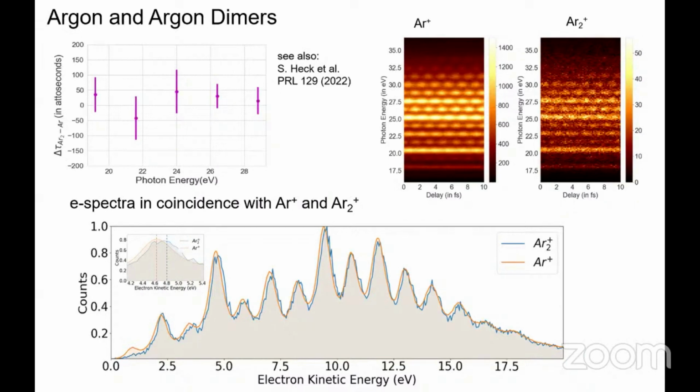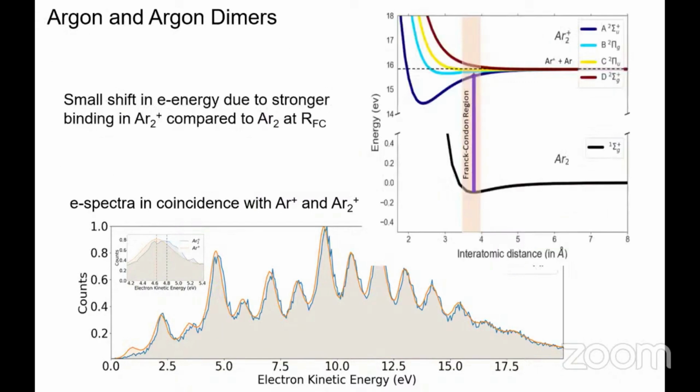In principle, you populate in the cation a superposition of gerade and ungerade bound states, and this leads to a small shift in the phase, and therefore a small shift in the time delay. So this can be well understood.